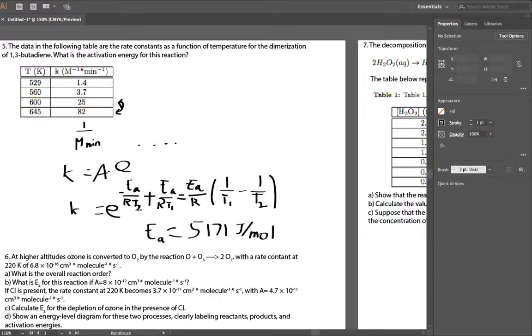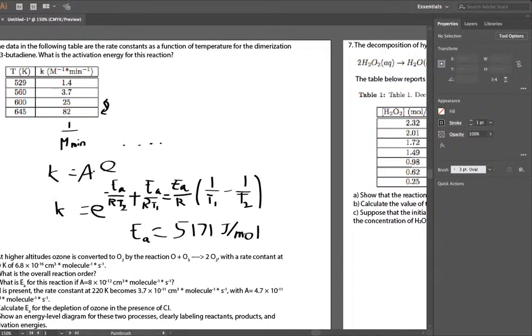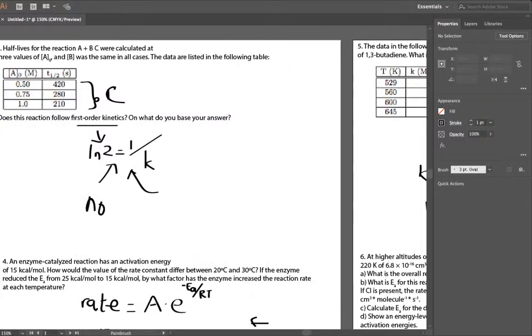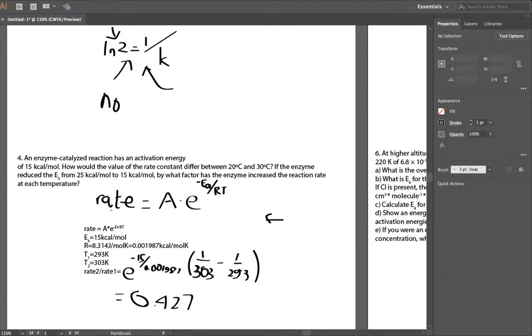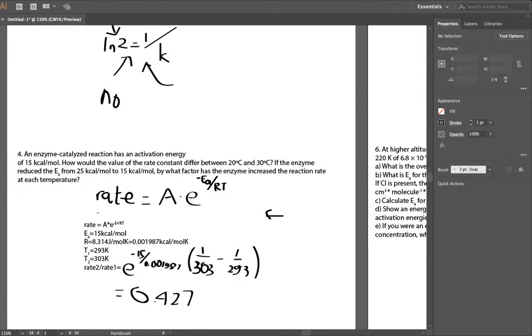But that would mean one thing as well: that what I calculated here was wrong. In fact, this guy here is not a constant. Oh wait, sorry. But how would the value of the rate constant differ? And this is what I just already calculated.